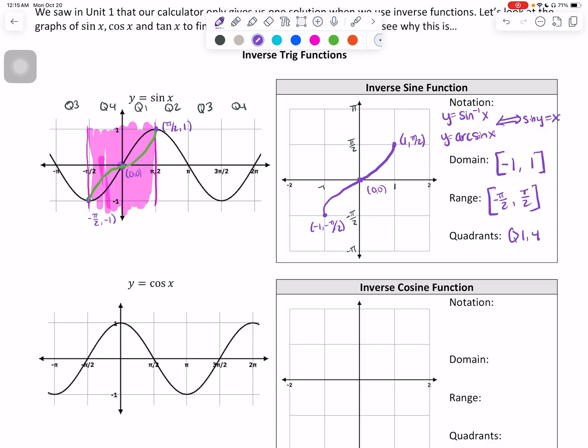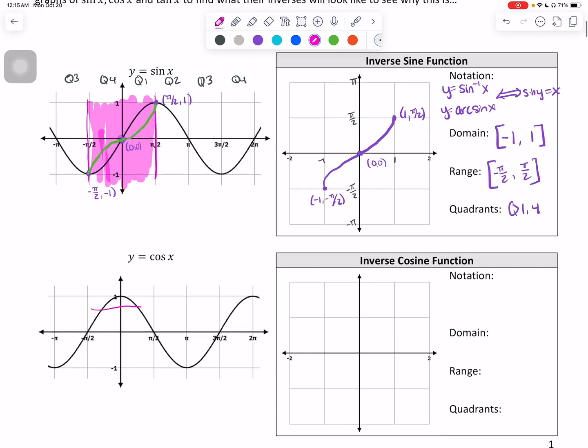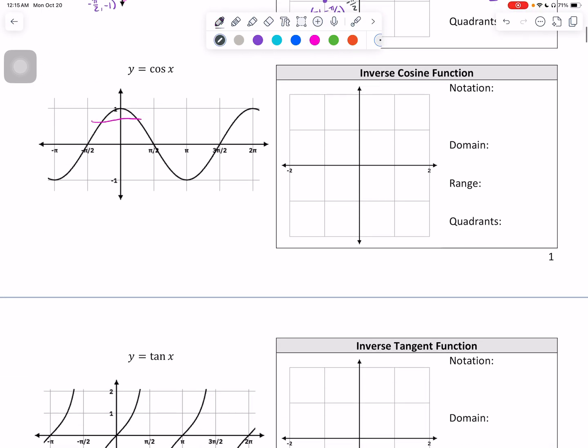So now we go to the inverse of cosine. Again, if I'm looking right here, sine was quadrants 1 and 4, okay? Again, this is quadrant 1. Now we've got quadrant 4, quadrant 3 over there. Quadrants 1 and 4 for cosine fail the horizontal line test, so that one does not work, okay?